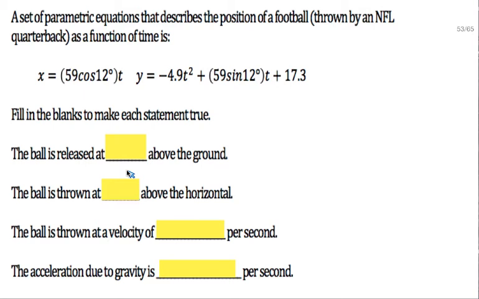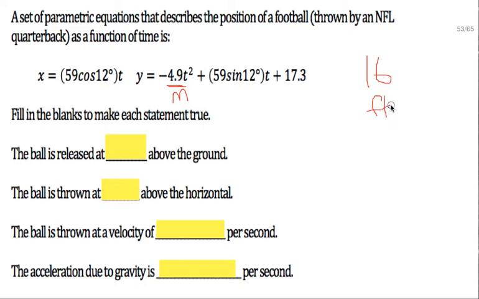Okay, so a ball is released at blank above the ground. So we want to know how high is it above the ground. And notice there's no units of measurement. We don't have feet and we don't have meters. So how do we know if the measurement is in feet or meters? Well, remember that we use 4.9 when our units of measurement are in meters, and we use 16 when our measurement is in feet.